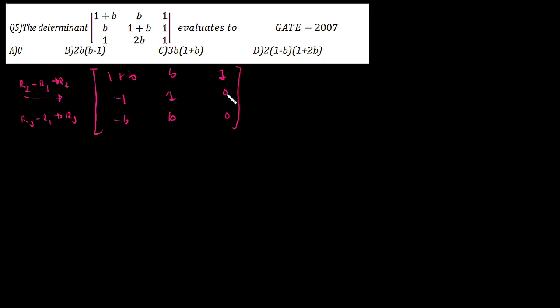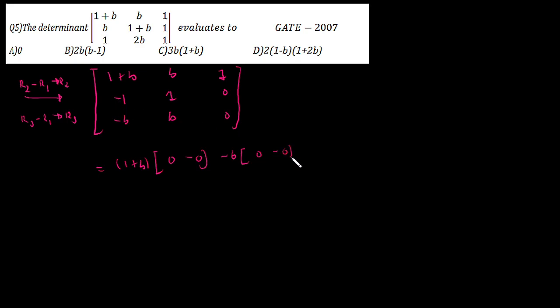Because here we have two entries as 0, let's find the determinant. I have to put this first term and multiply it with the multiplication of these 2, subtract the multiplication of these 2. So I get 0, again 0, because these two entries are 0. In the same way, b, and I have to multiply it with the determinant of this second order minor.